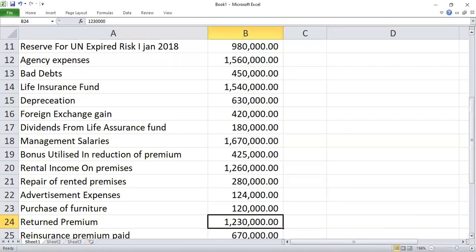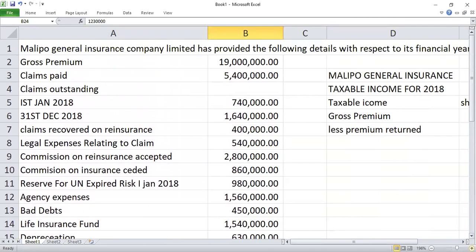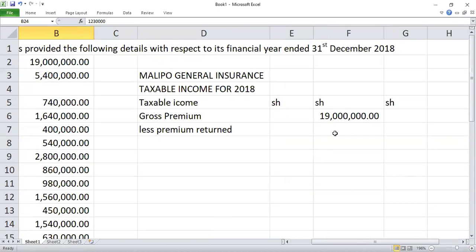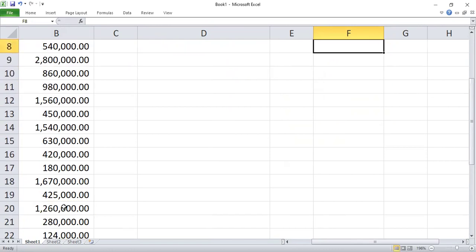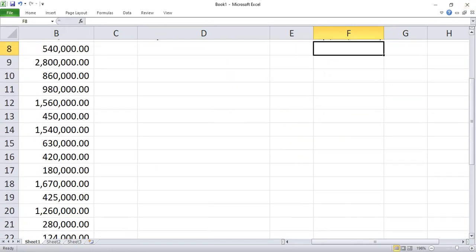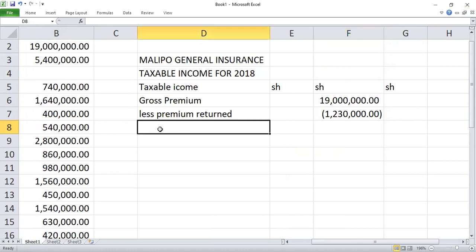It's 1,230,000. Since you're subtracting, you can scroll to that and subtract that 1,230,000, less premium returned.